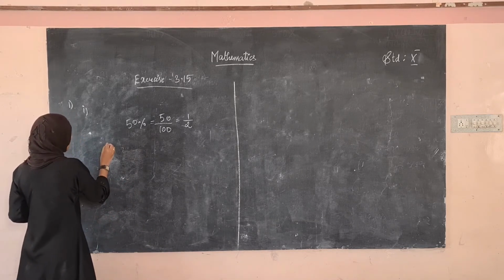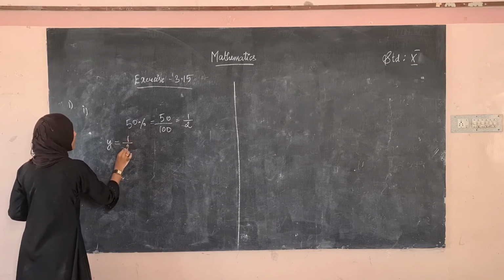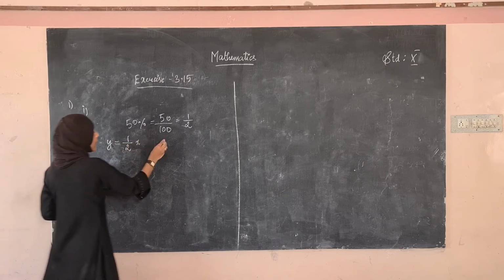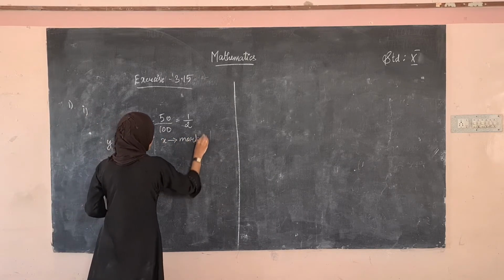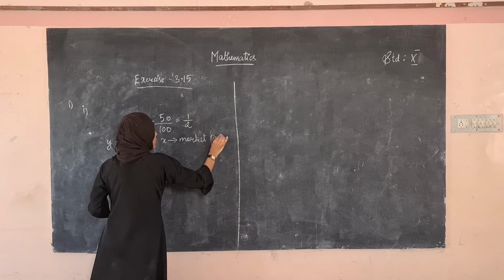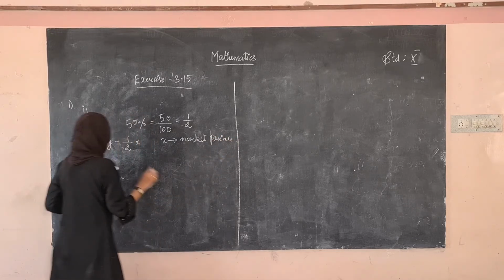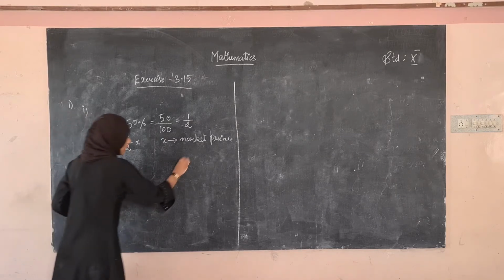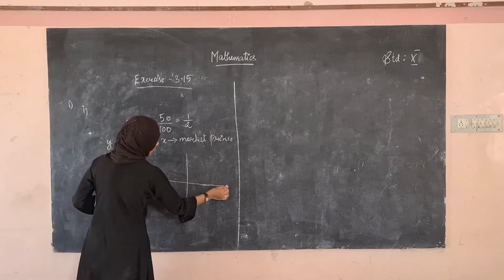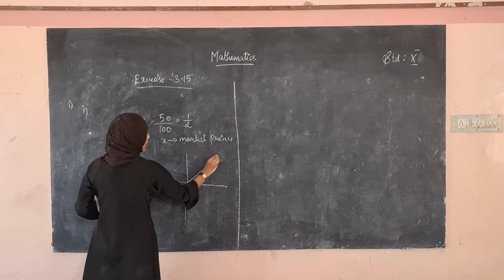See here, discount price y is equal to half of the market price. Here x is the market price. We are using the formula of direct variation, because the graph will be like this.